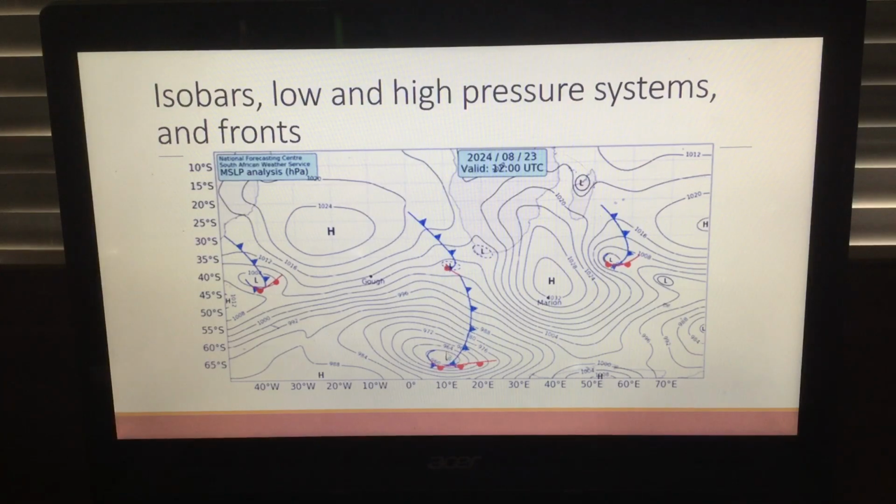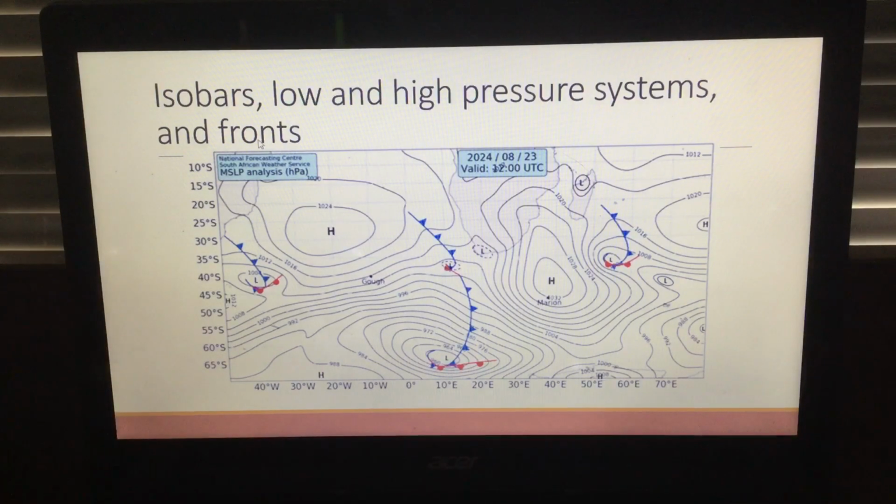Here, in this low pressure system, you can see it's quite windy. By the way, this is South Africa here. High pressure means descending air, and low pressure means ascending air. Here, in this high pressure system, you see that the isobars are spaced very far apart, so it's not very windy. Whereas here, it's the exact opposite with this low pressure system.